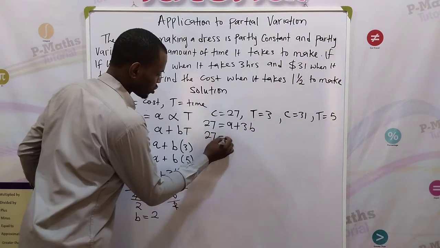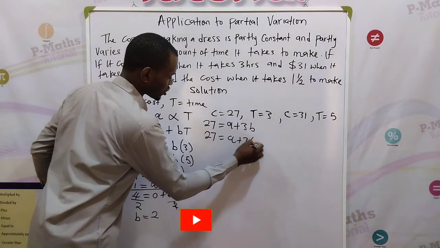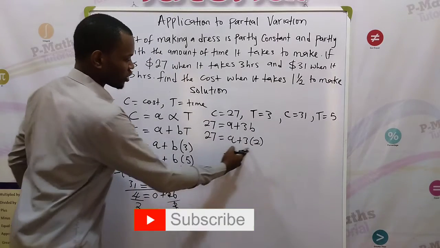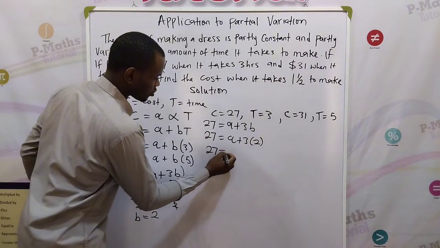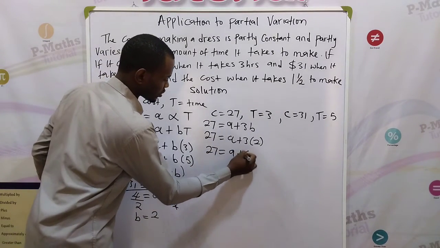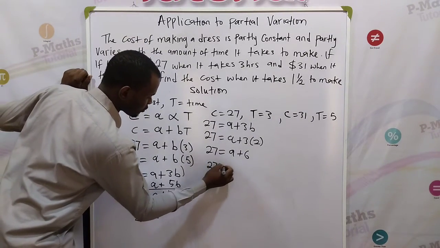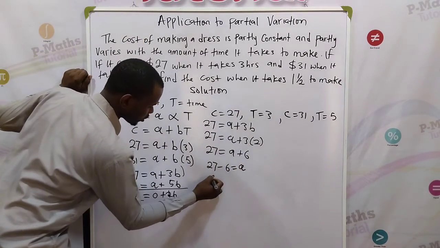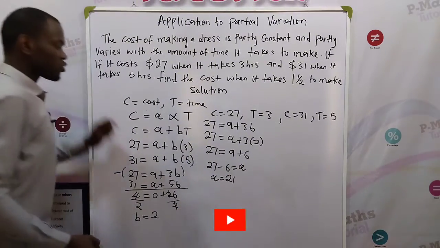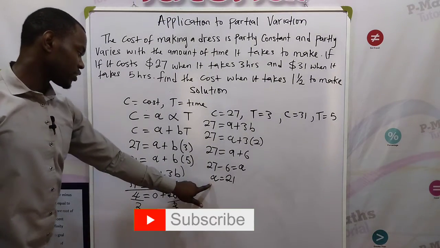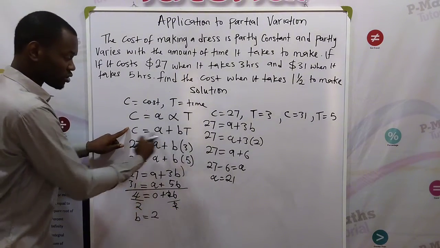Therefore, I have 27 equals A plus 3 times 2. Then multiply. We have 27 equals A plus 6. Collecting like terms, we have 27 minus 6 equals A. Therefore, A is 21.